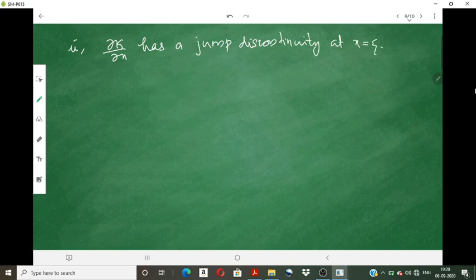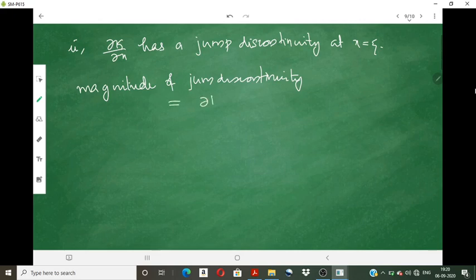And the magnitude of this finite jump discontinuity is actually ∂k/∂x at theta plus minus ∂k/∂x at theta minus, the difference between the right hand limit and left hand limit.